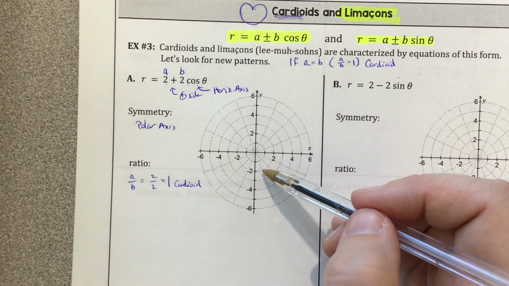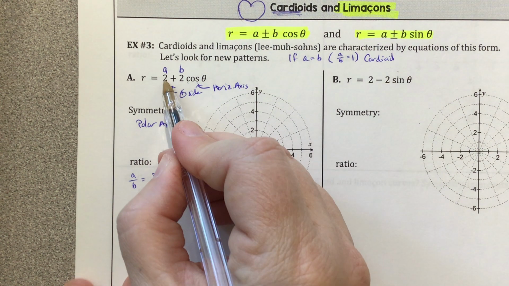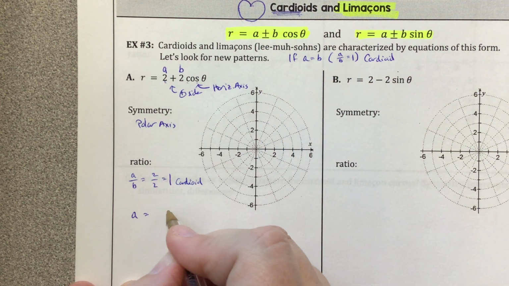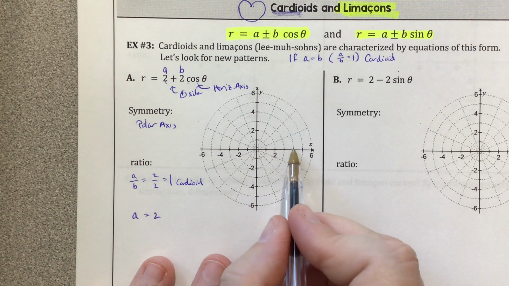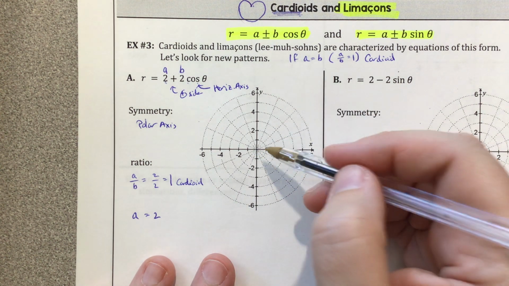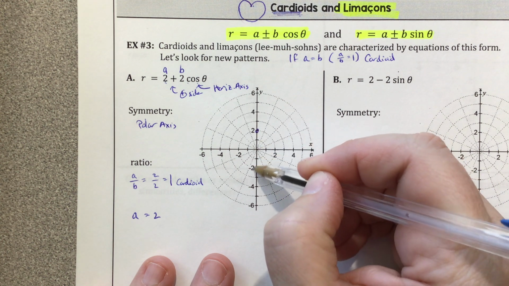Here's how I find how big this cardioid or heart is. This A value of 2 tells me that on not the horizontal axis where most of the body of the graph is going to be, but on the opposite axis from the pole, I should go out 2 units in each direction.